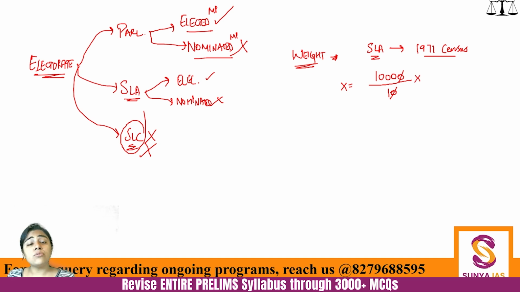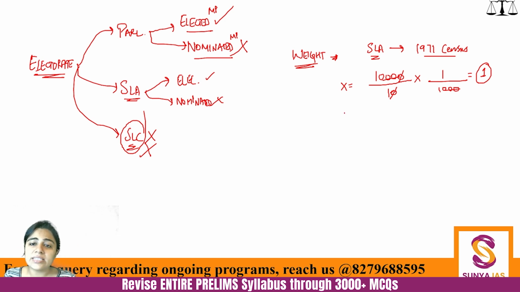However, the 1,000 is a very big figure. You know, when you take it to millions, etc., it becomes a very big figure. So for the ease of calculation, you divide it by 1,000, right? So in this case, the value of each MLA's vote comes out to be 1. Okay, the value of each MLA's vote comes out to be 1.